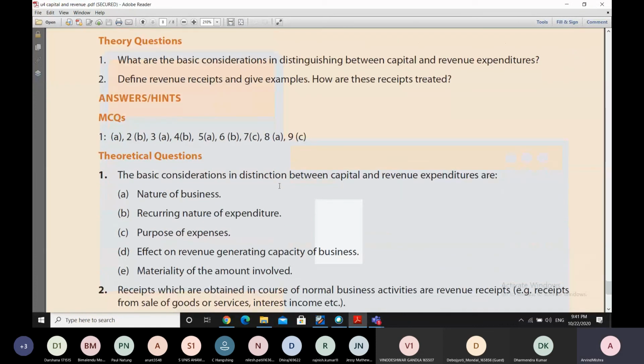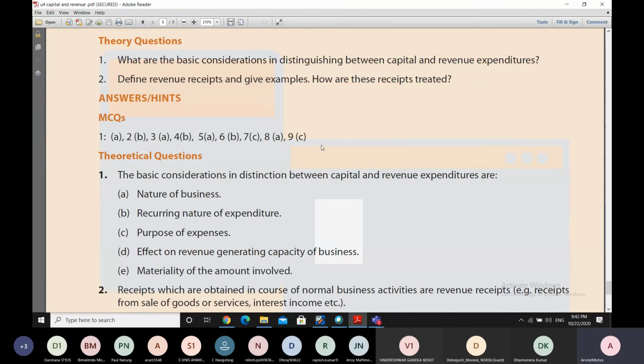So that's how an analysis has to be made, whether an expenditure is capital expenditure or revenue expenditure, or whether a receipt is a capital receipt or a revenue receipt. And this distinction has to be made very clearly if we are to be sure that what we are writing into the accounts is correct.